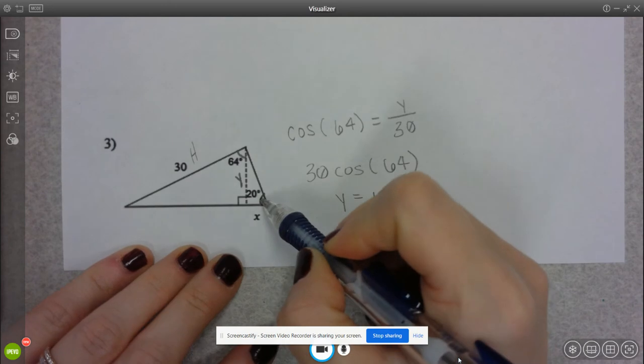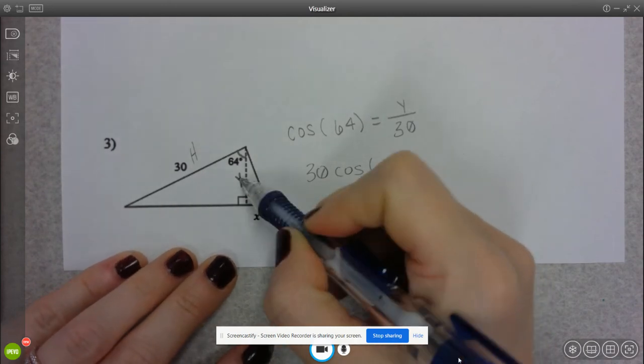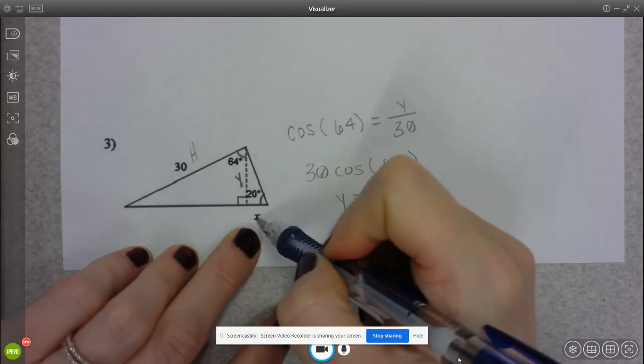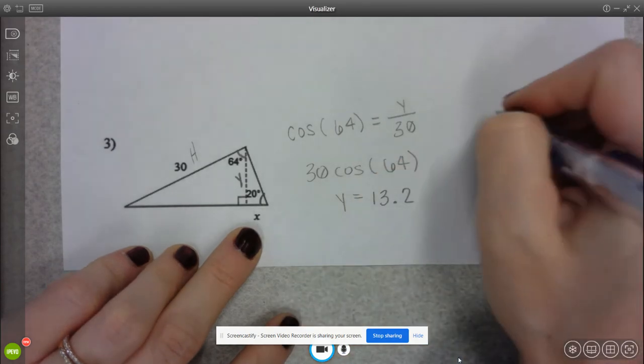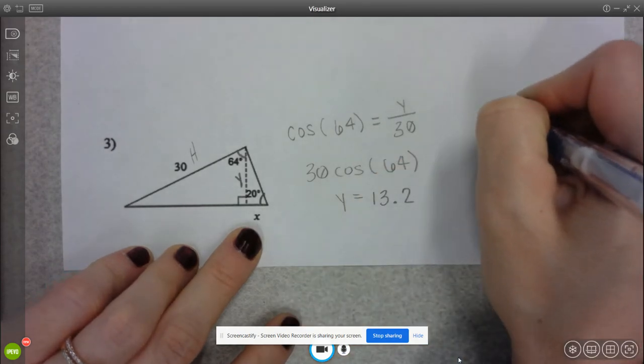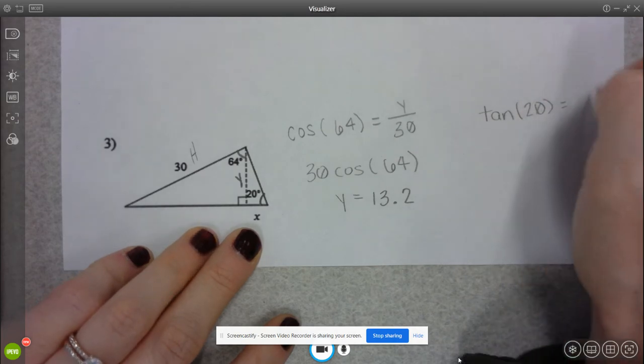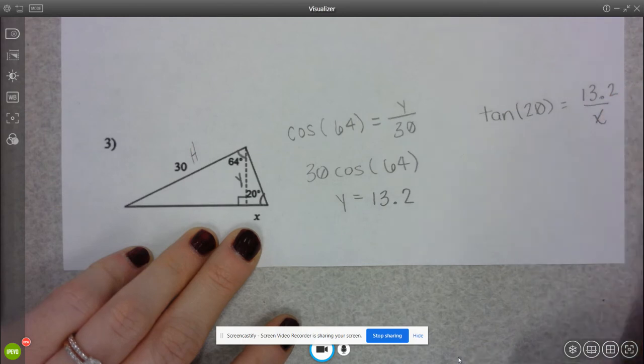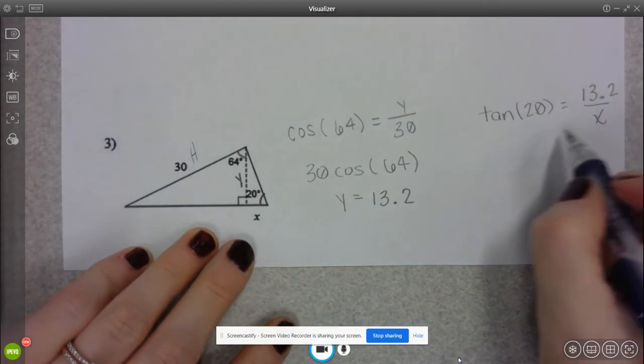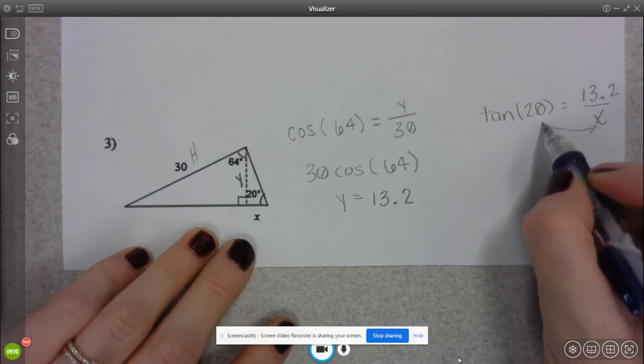So now in terms of the 20, I have the opposite and the adjacent side labeled. So that means we're talking tangent. Opposite side is y, so that's 13.2. The adjacent side we don't know. This is a flip-flopper.